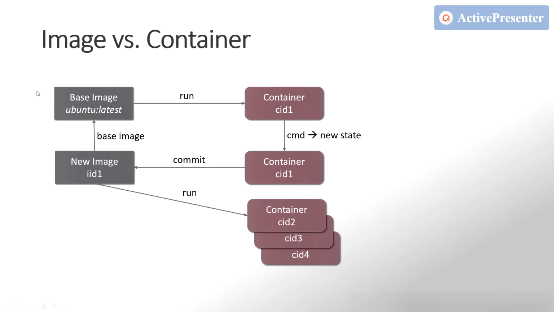So you see the cycle. I can create an image, create a container, then update the container to a new state, and then commit it as an image, and then I can create new containers out of it. I can do that, right? So that's the flexibility which I get, and I hope you understand the difference between an image and a container, which is very, very important.